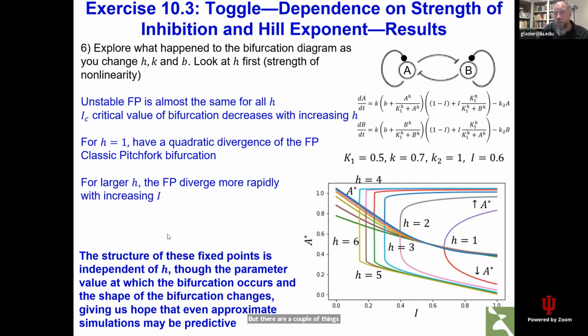One of them is that as you make H bigger, let's start with H equals 1, which is the one all the way on the right. That's a classic pitchfork bifurcation. It says you get basically a quadratic splitting of the upper and lower branch at the bifurcation.